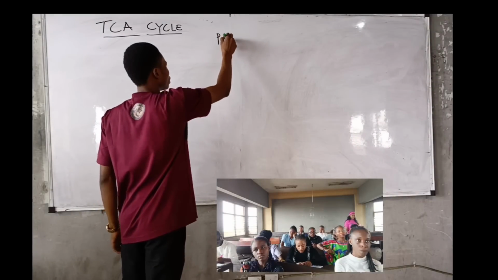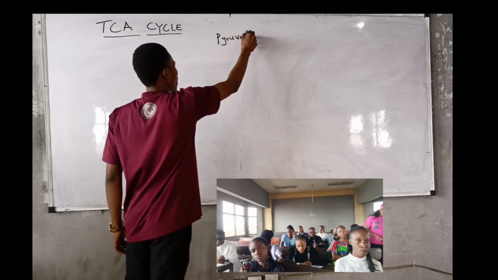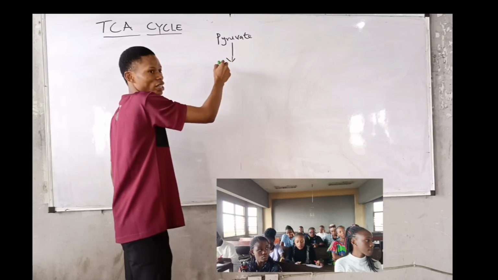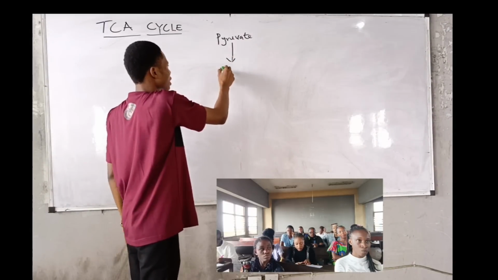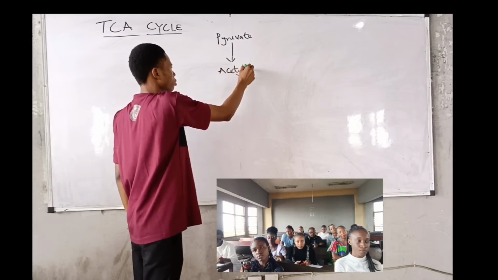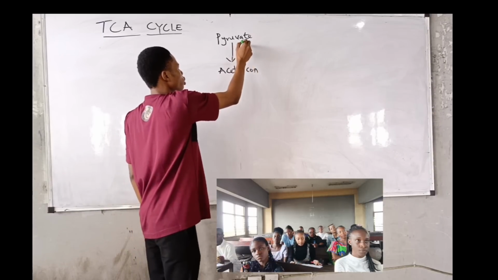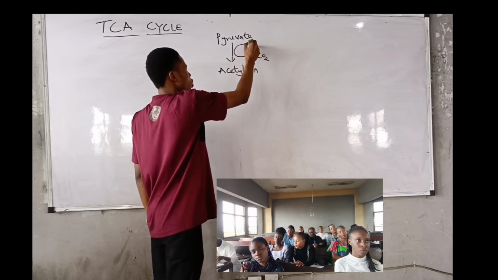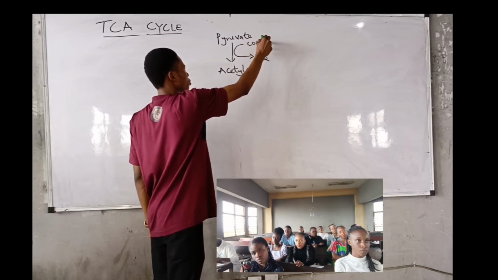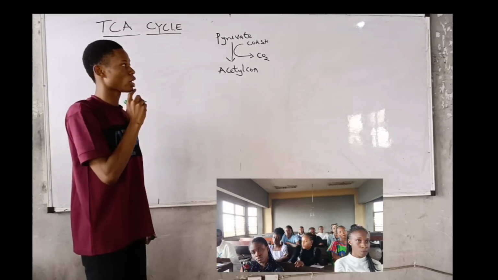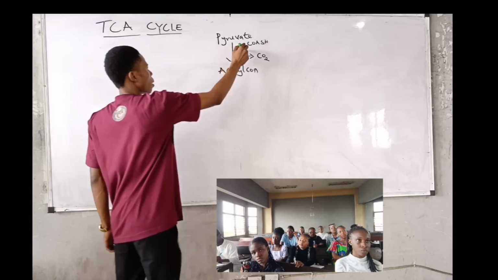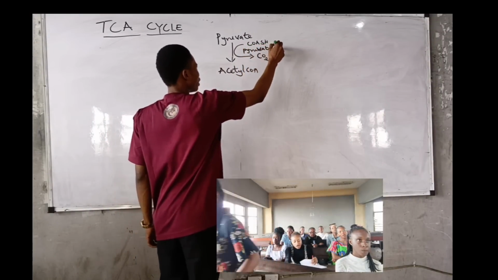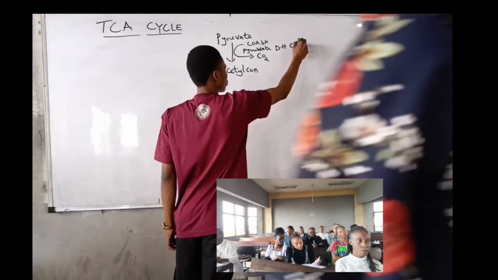Now, pyruvate in the glycolytic pathway, the linked reaction: pyruvate is first converted to what? Acetyl CoA, right? And here we know that CO2 is given up, and CoA is coming in. The name of the enzyme catalyzing this reaction is pyruvate dehydrogenase complex.